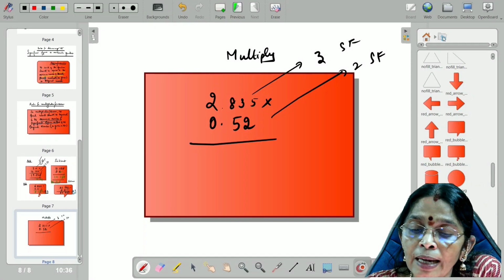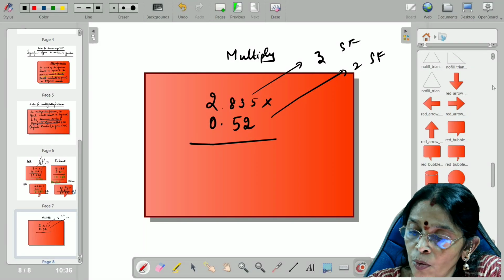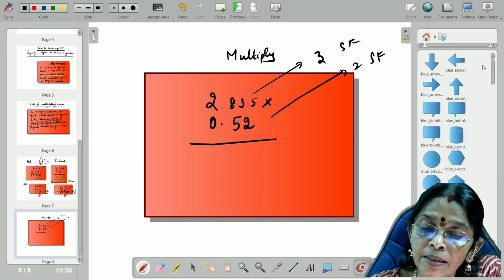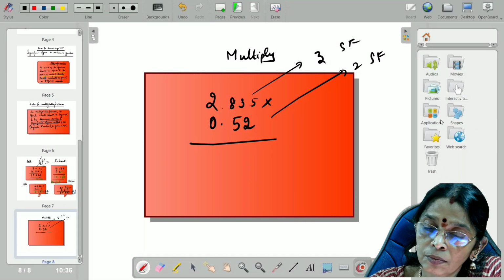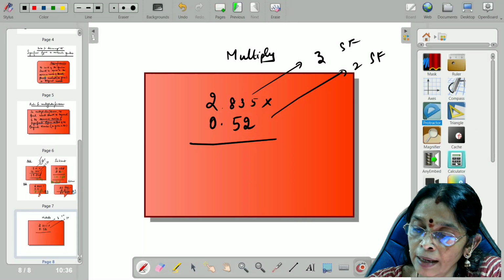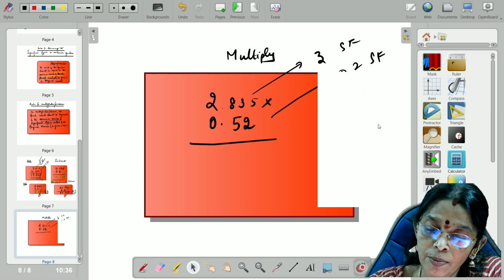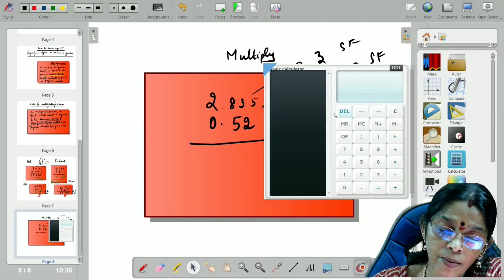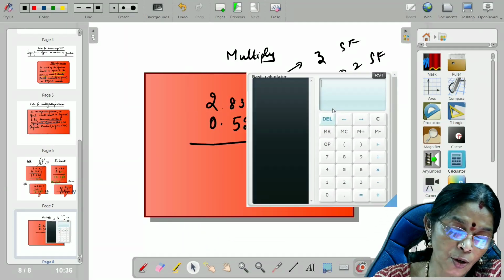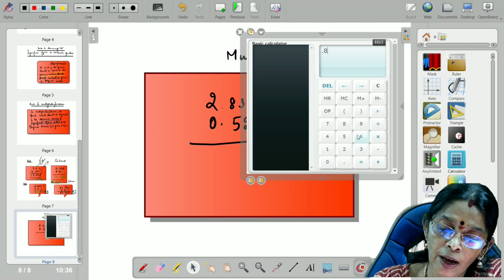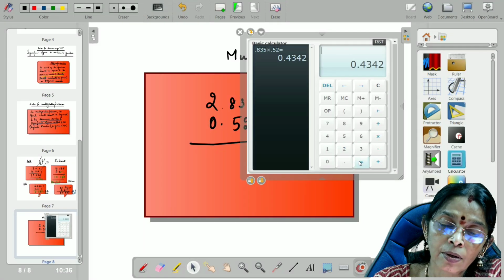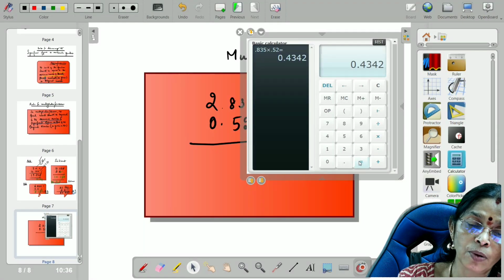Let me check if I have a calculator. Yes, the calculator is here. 2.835 into 0.52. So 0.432 I have.